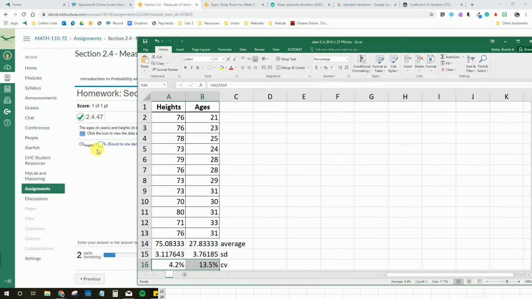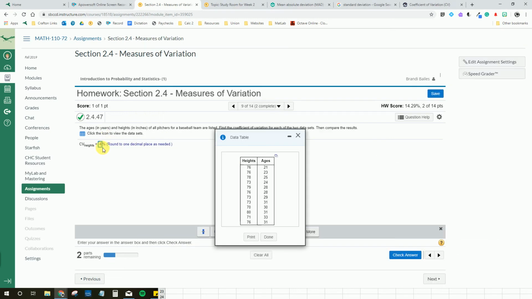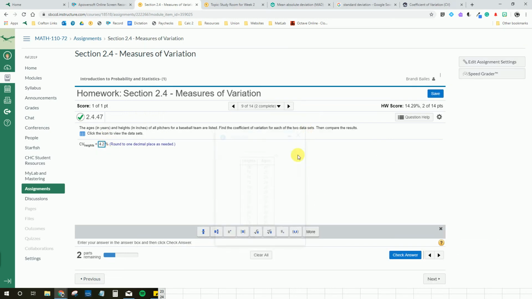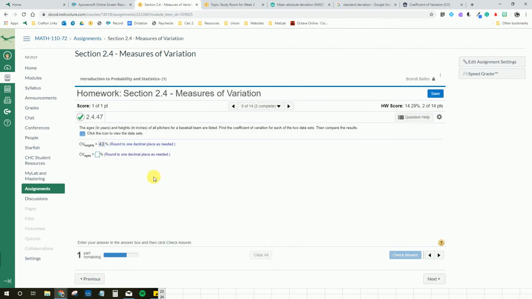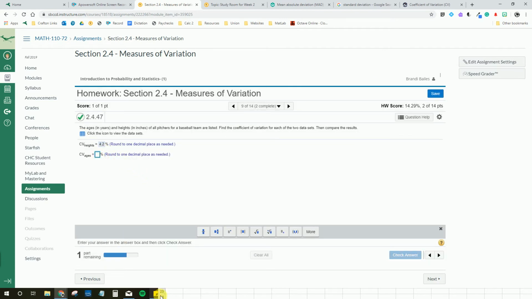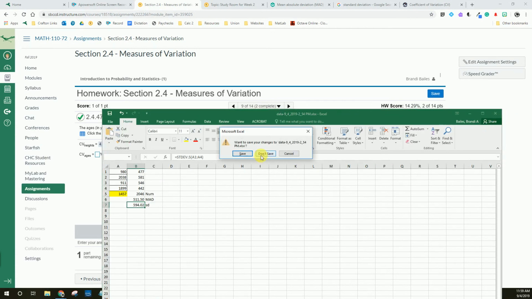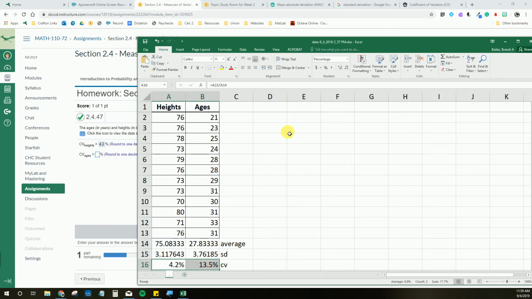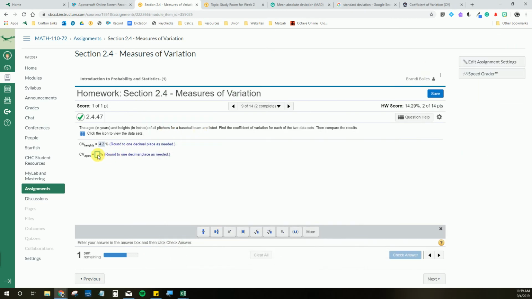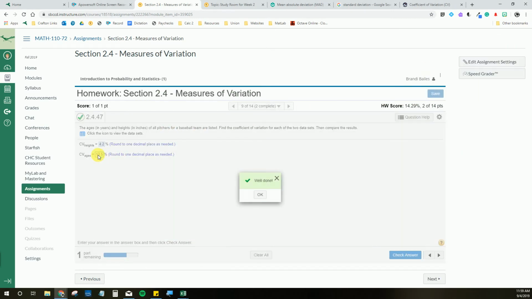So now I just need to type those in. Let's see, for heights I have 4.2. Close that. Check answer. For ages, I think I had 13. Ooh, where'd it go? I had 13.5. Okay.